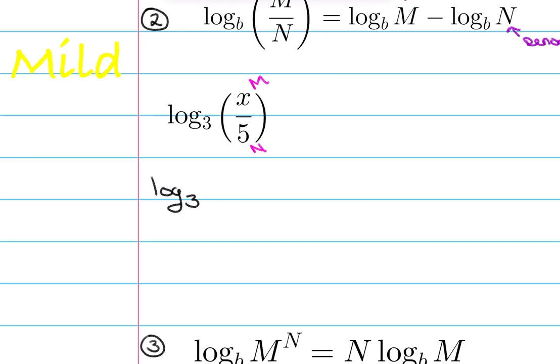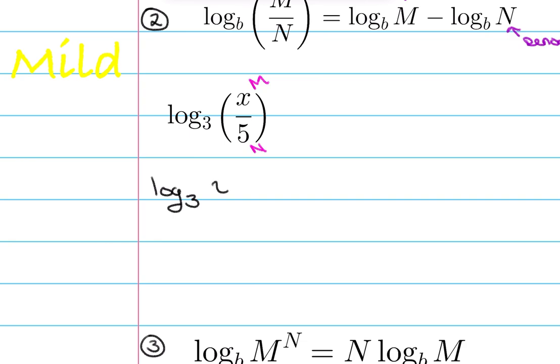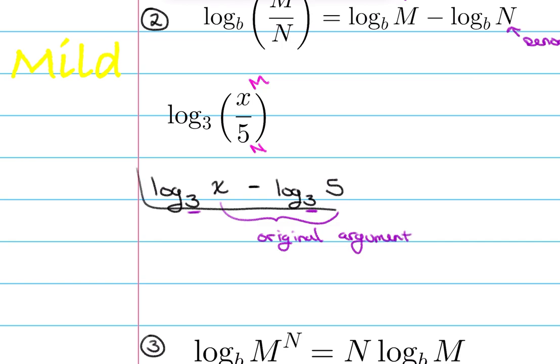So this would be log base 3 of x minus, because it's dividing, the log base 3 of 5. Again, your bases stayed the same. That doesn't change. Your broken apart argument is the argument of the two separate logarithms, so again, this is your original argument, and this is your expanded version.